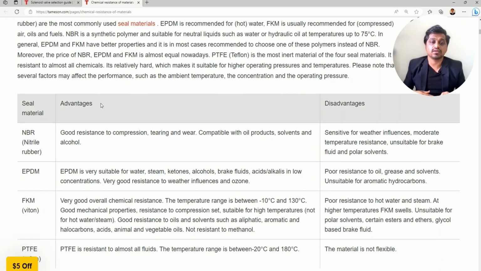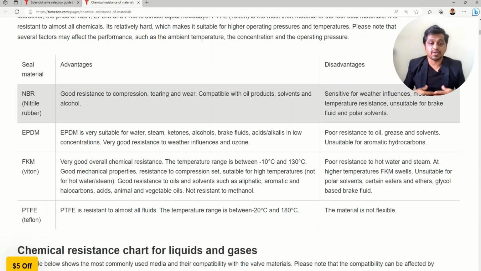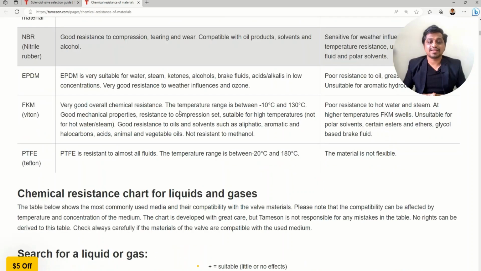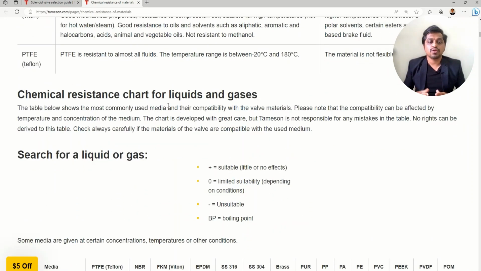They can sustain different temperatures and have different chemical resistance. So we should know what the media is, what its freezing point is, what its boiling point is, and what its chemical affinity is towards these materials. Otherwise it may damage your seals and there will be some leakages, right? All these things are interdependent, and that's why we should know these things.